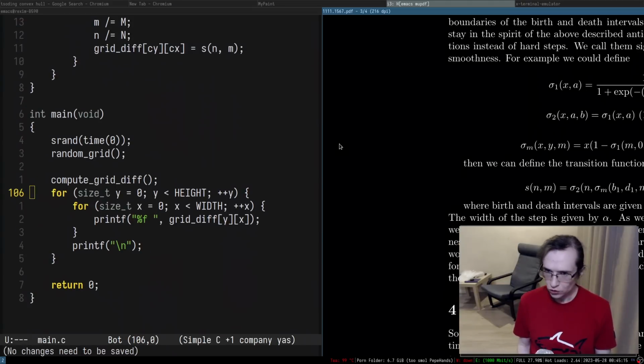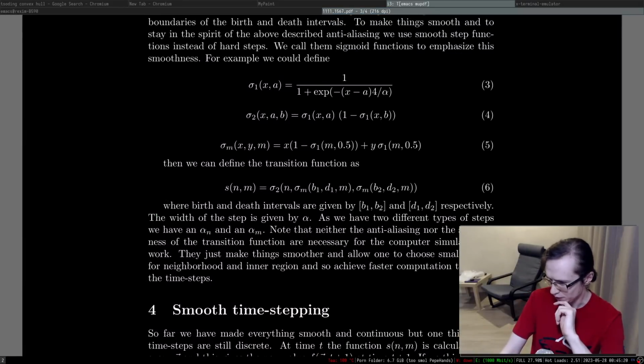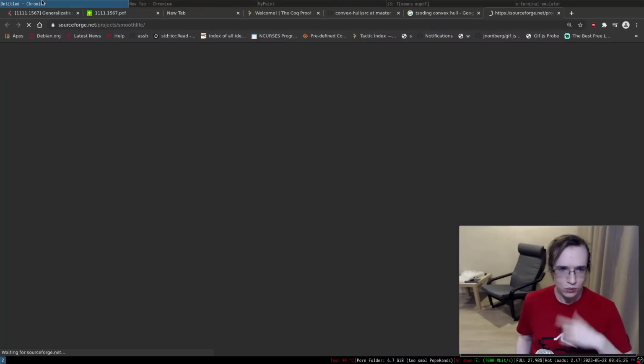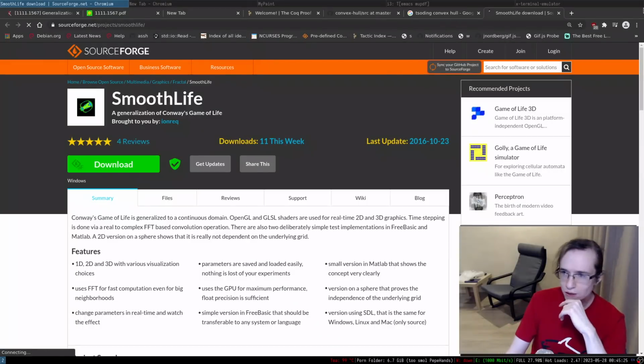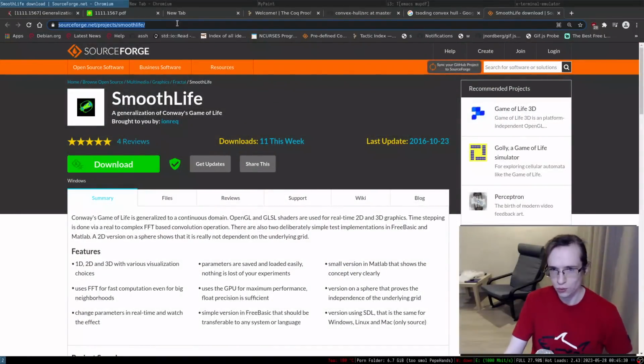Okay, so what you can do is, oh, you have to download it. Okay, so this is one of the implementations. We can take a look at it if we don't manage to come up with something working. There's also a Python version that does the same thing.